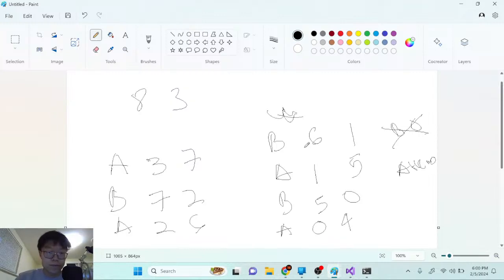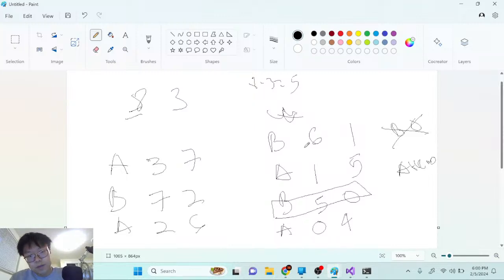So if this is even, right? 8 minus 3 is 5. So we hit this, right? But I want to know which turn it is. So let's see. It was Alice, Bob, Alice, Bob, Alice, Bob. So 5 mod 2 is 1.